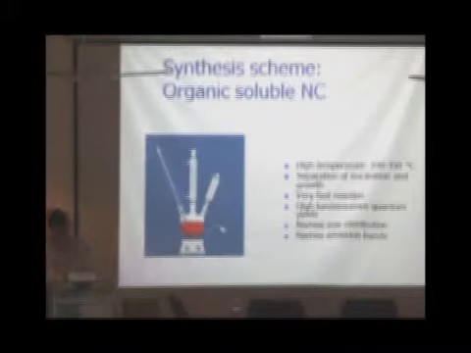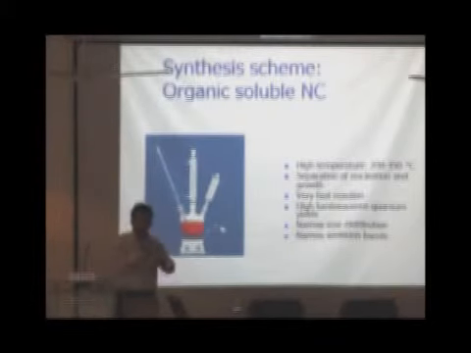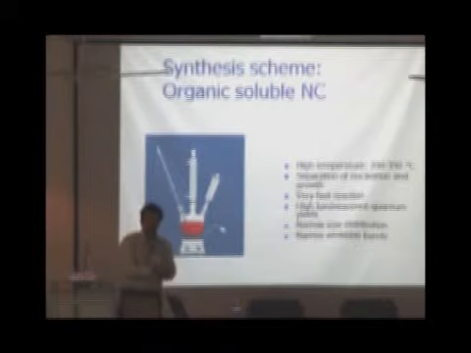Some methods like microwave synthesis or solvothermal synthesis give you a rather broad size distribution. But this particular scheme lets you separate nucleation and growth, that means you have the atoms and you first form nuclei on which more and more atoms get deposited to form the particles.